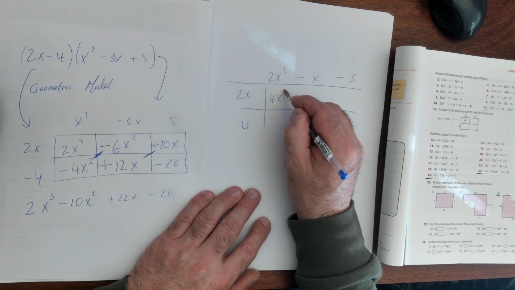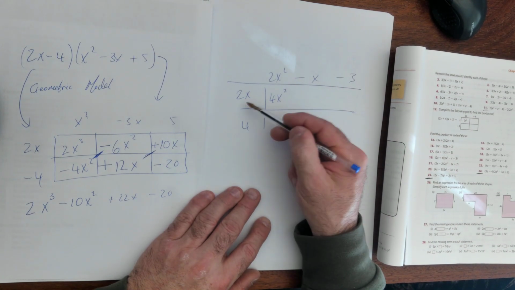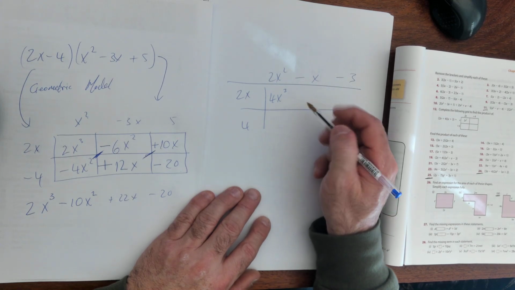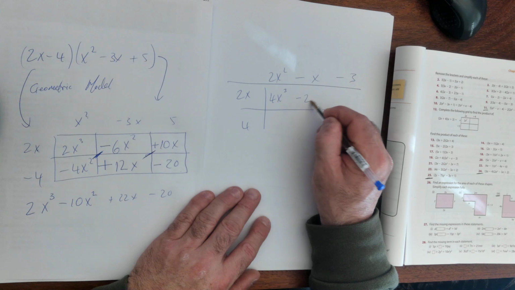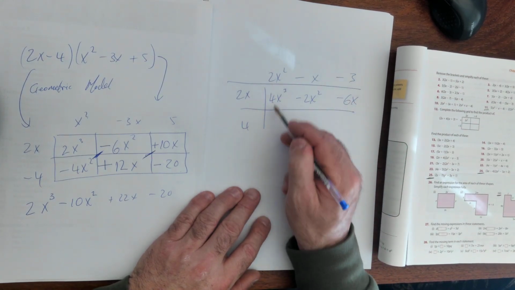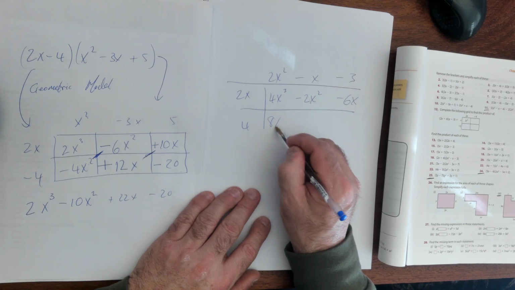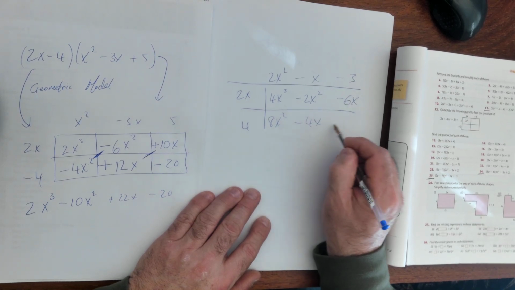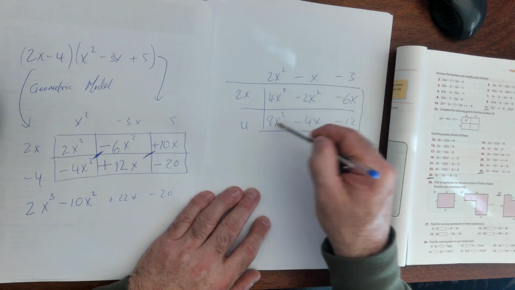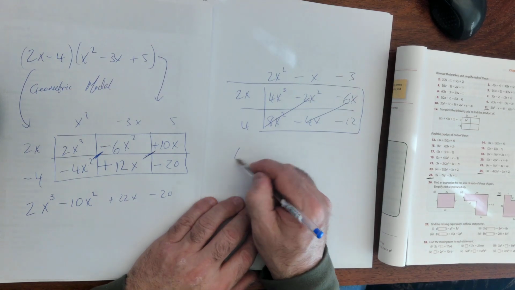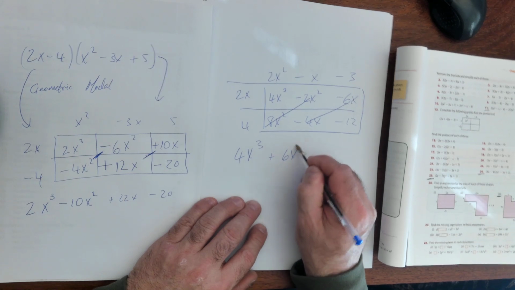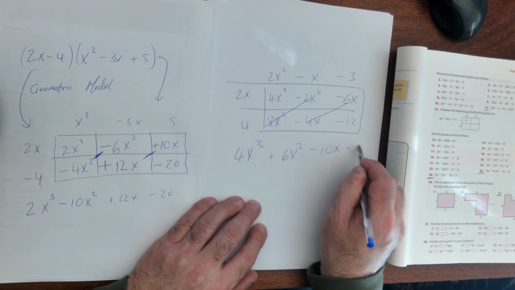You're getting 4x to the 3. Now I'm thinking this is kind of heavy work for me. I'm calculating all sorts of stuff that I don't have to calculate, but anyway, minus 2x squared minus 6x, and I'm multiplying across here by 4. Okay, I'm grouping, and we're going with 4x cubed plus 6x squared minus 10x minus 12.